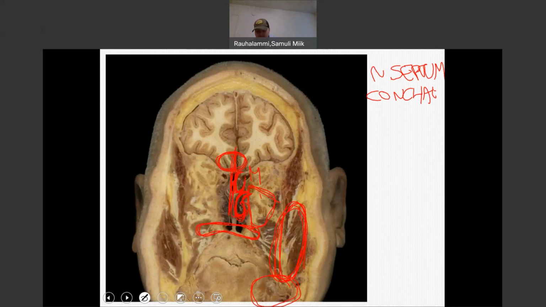Let's continue our journey. And we are starting to see sphenoid sinus. I realize that this is getting a little busy, this picture, but here we're starting to see the sphenoid sinuses and just above the nasal septum. And we're also seeing a little bit of the ethmoid labyrinth that's going to be taking the space there.